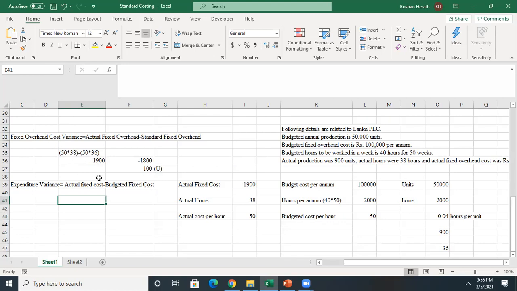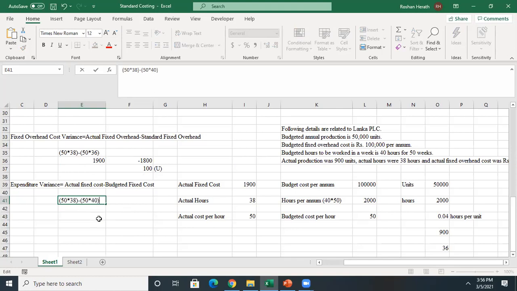When you take the actual one, it is simply 50 into 38. Then the budgeted one, how do you take? The budgeted fixed cost is how much? You have planned 40 hours per week, and the budgeted cost per hour is 50. So it is 50 into 40.